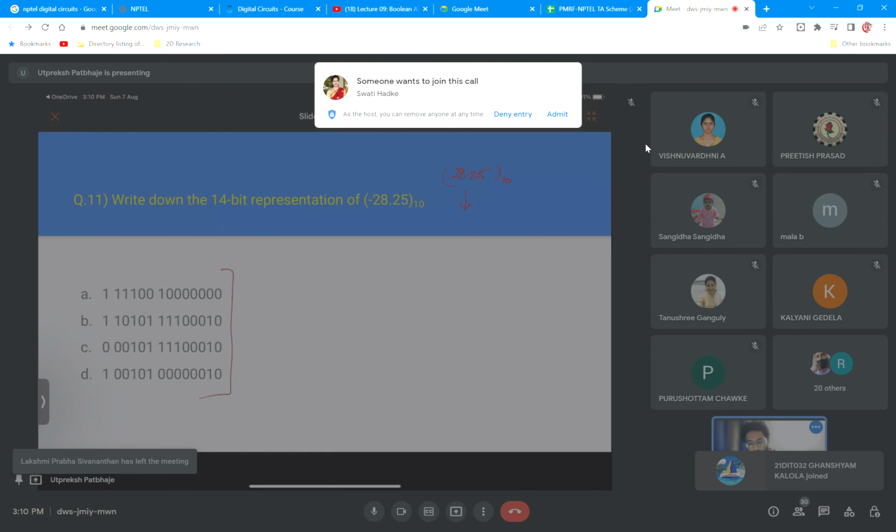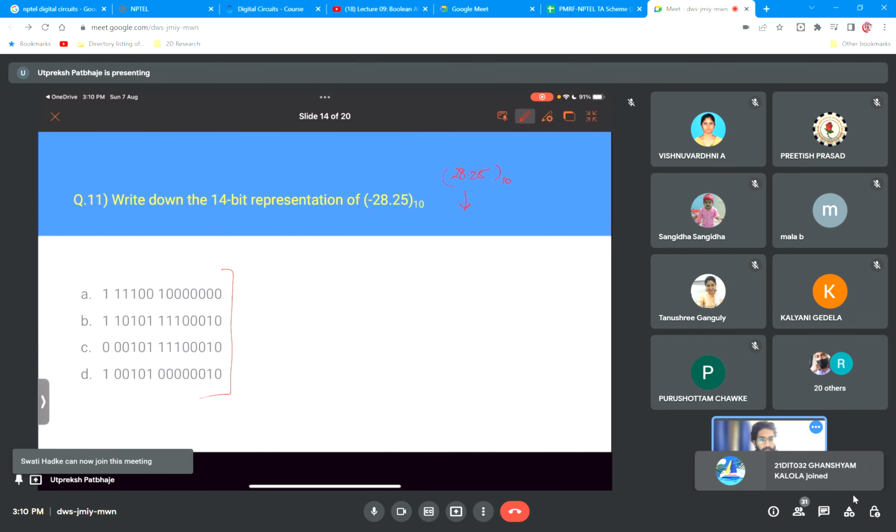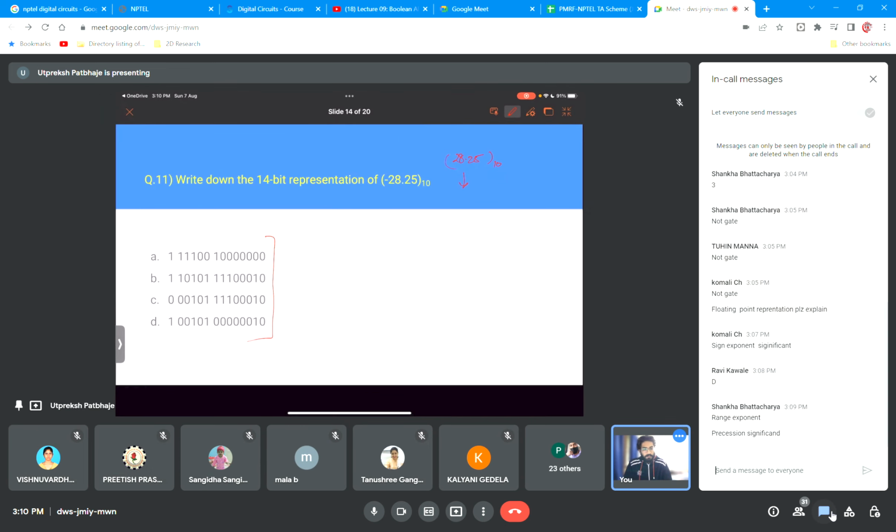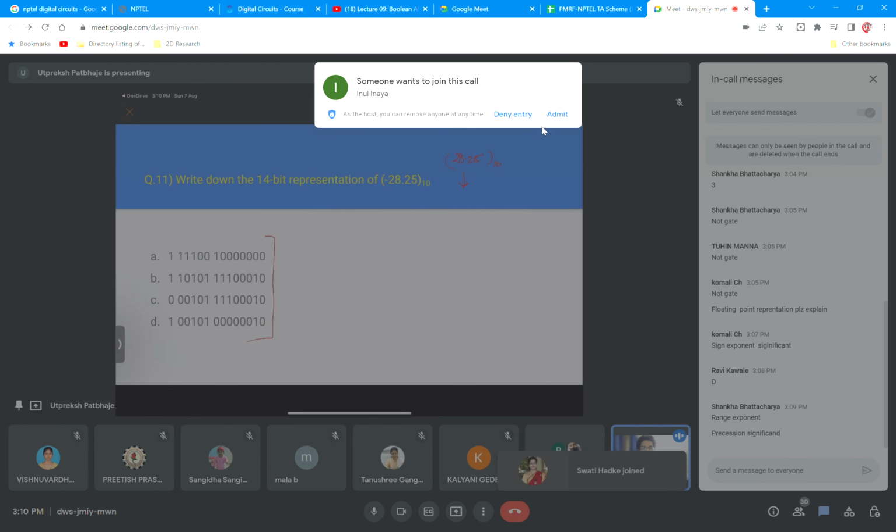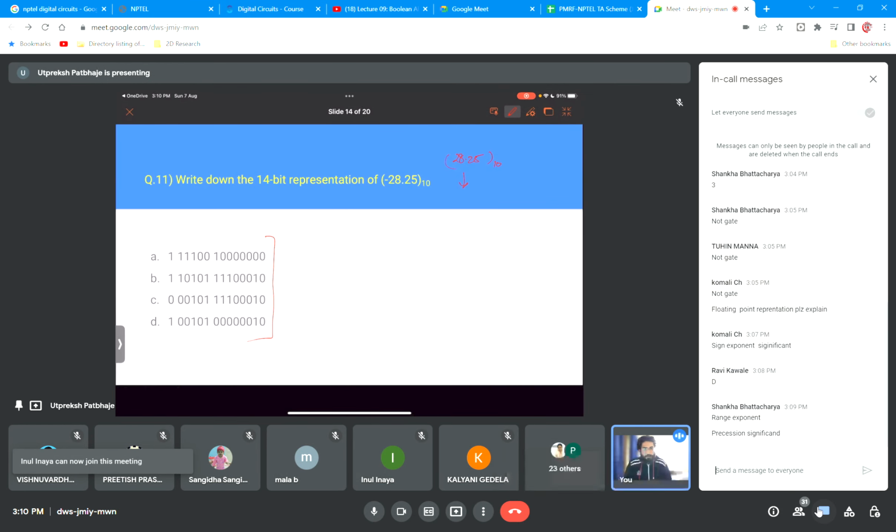So just quickly type in the chat box. I think this is pretty straightforward, so it will be very easy. If typing the power can be a problem, you can just mention the number part. You can skip the into 10 to power, whatever the power will be.